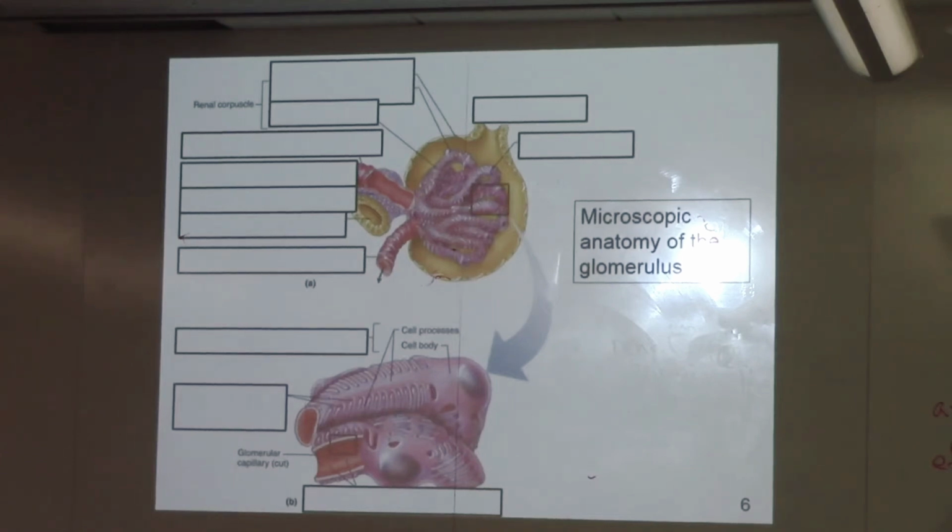Pick a box. So what we're doing now is we're zooming in on the glomerulus, and there's anatomy there as well. Is this whole thing a podocyte?